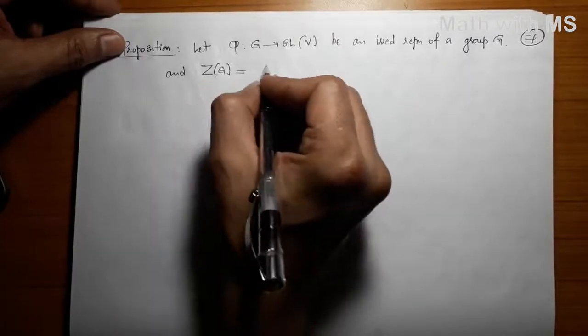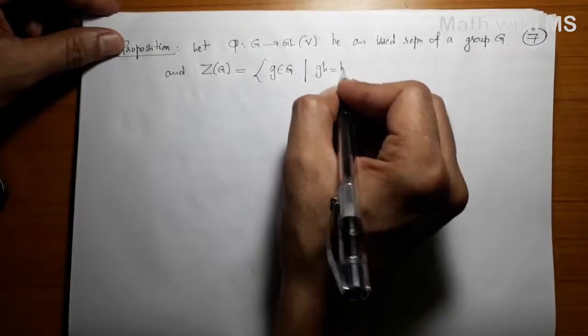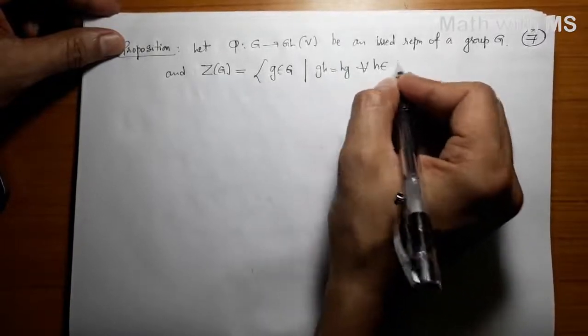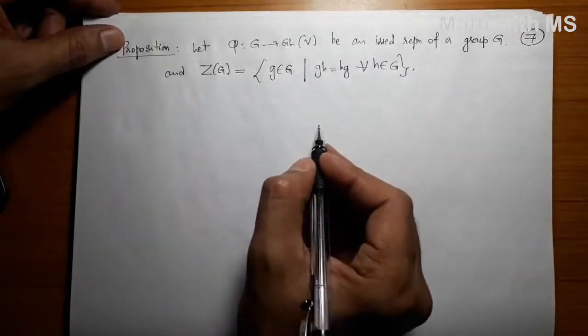So let me recall for you the center. It is all those group elements g such that gh equals hg for all h in the group G. So the center is a normal subgroup of the group G.